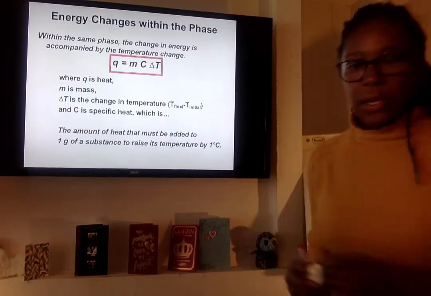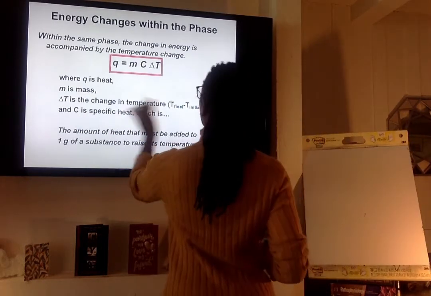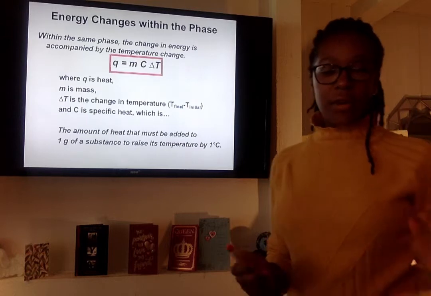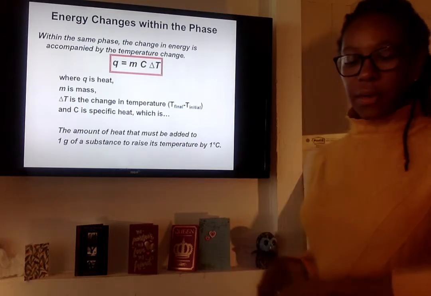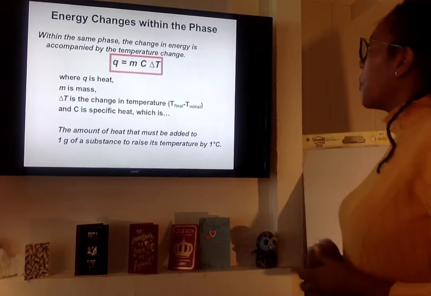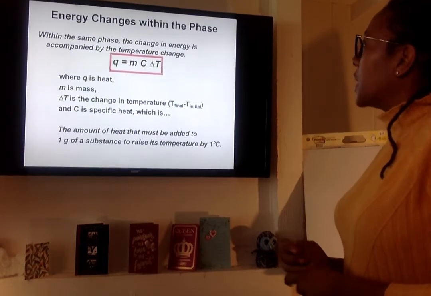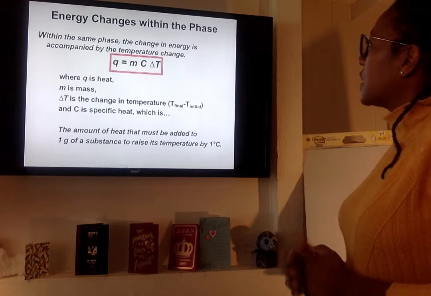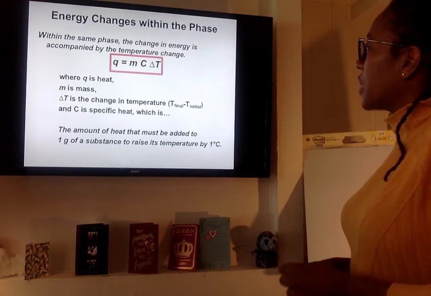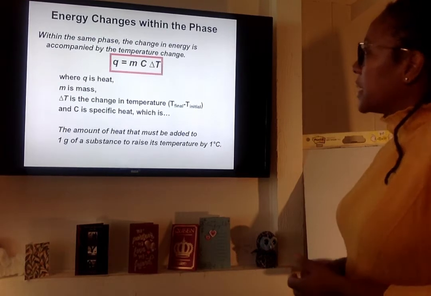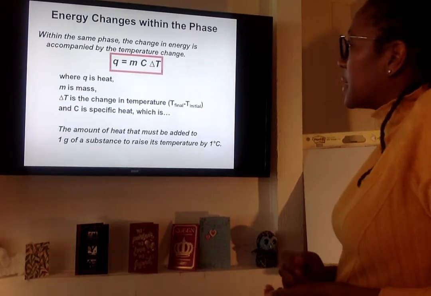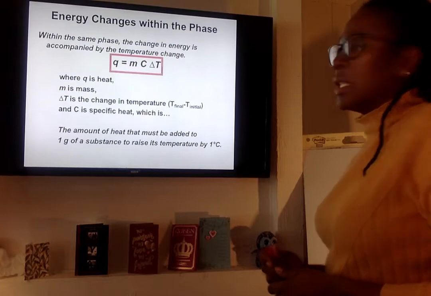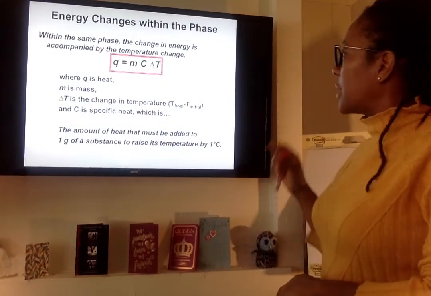All right, so the last part of today. These are the energy changes that are taking place within the phase. Within the same phase, the change in energy is accompanied by the temperature change: Q = m C delta T, where Q is the heat, m is mass, and delta T is the change in temperature, which is T final minus T initial.